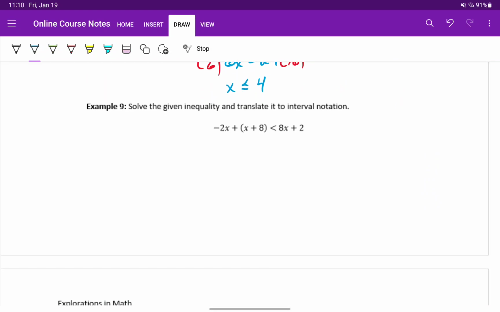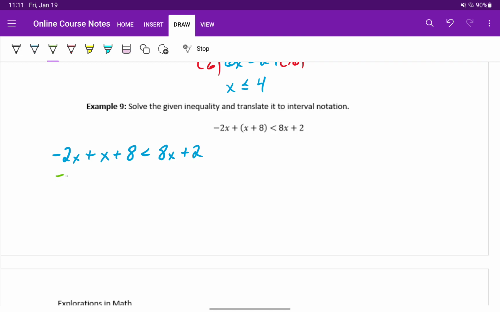In example 9, we want to start by grouping all of our variable terms on one side and constant terms on the other side. The first thing we can do, though, is get rid of those parentheses. Since there's nothing to distribute through, this is just the same thing as -2x plus x plus 8 is less than 8x plus 2.